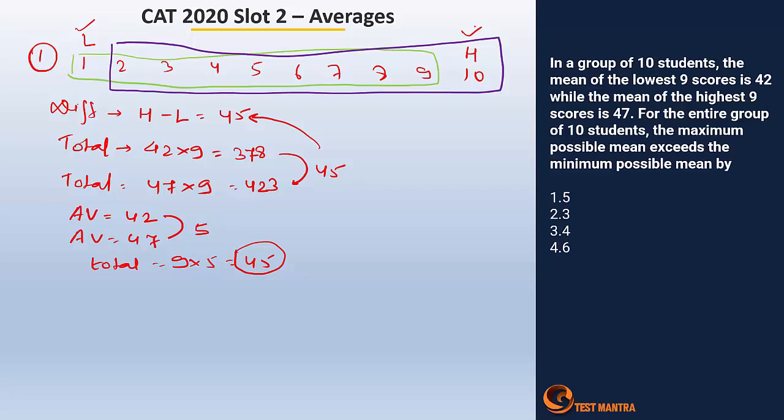Now here I'll take the first scenario where the average is 42. So let's mark the score of these people are nothing but 42 itself. So I'll mark 42, 42, 42. I'll mark the 9 people, score is 42.